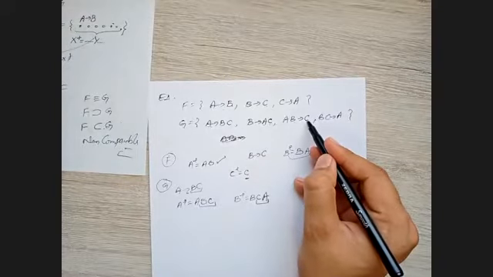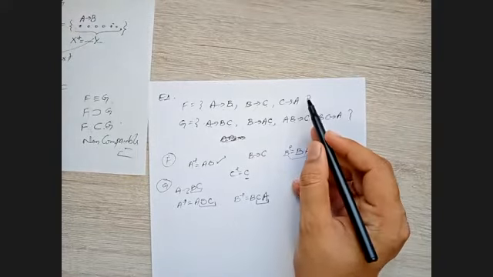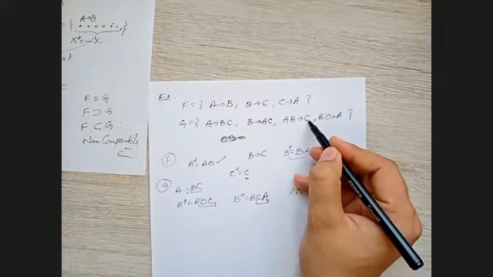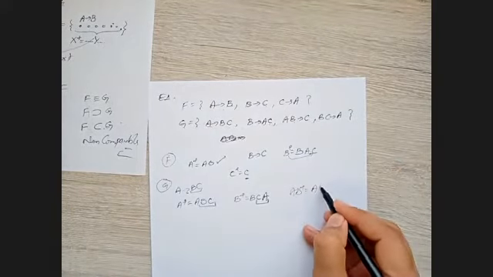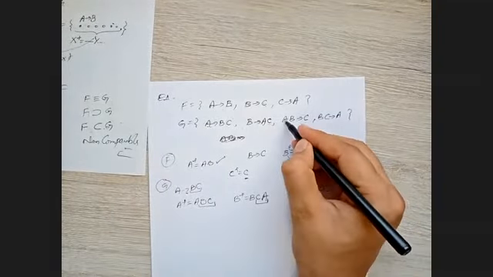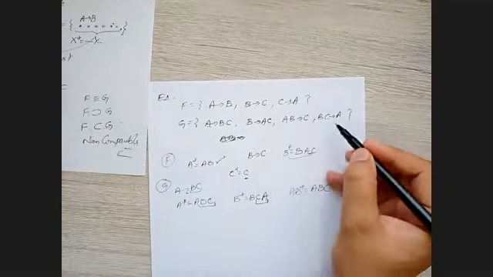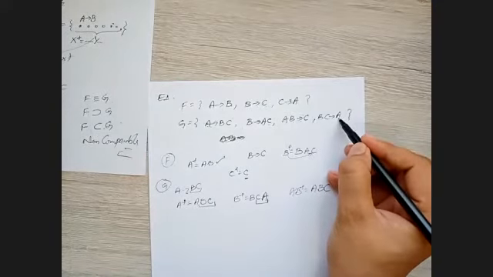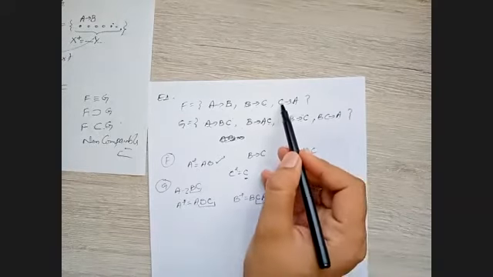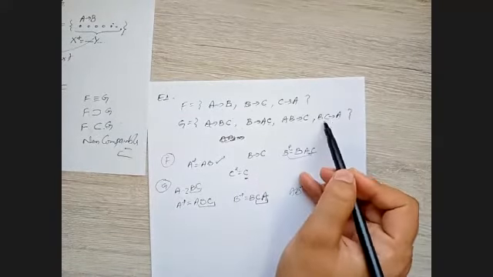AB gives C. If we are given A and B in F and we find the closure, can we identify C? Obviously. With AB we have AB, and with B we have C. So yes, this is also a member. For BC gives A, given BC, can we identify A? Yes, by looking at C gives A. So that is also a part.